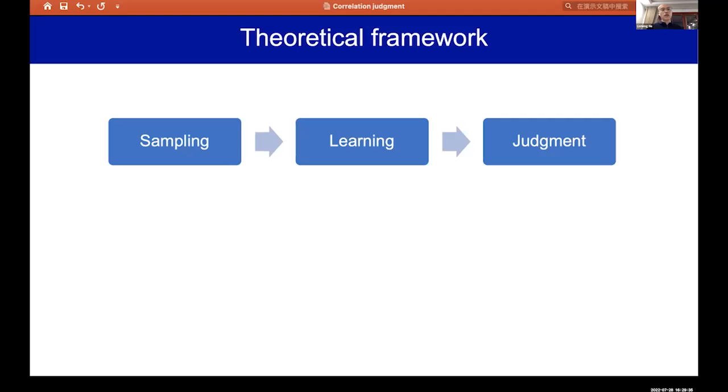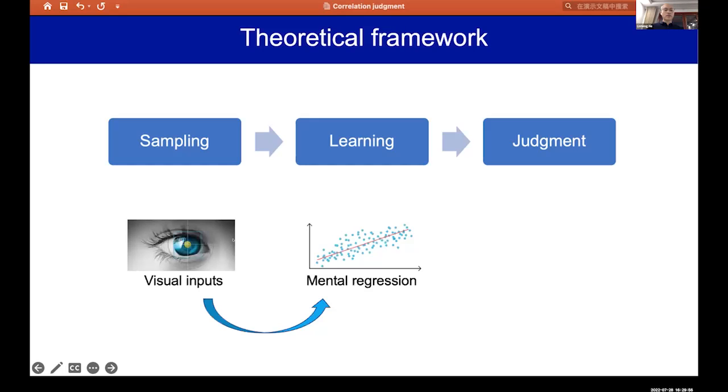We basically assume people sample information from the graphs, which is pretty straightforward. That is what everybody of us does every day. We sample information from the graphs, then we learn from the graphs, and then finally, based on this learning process, we make judgments.